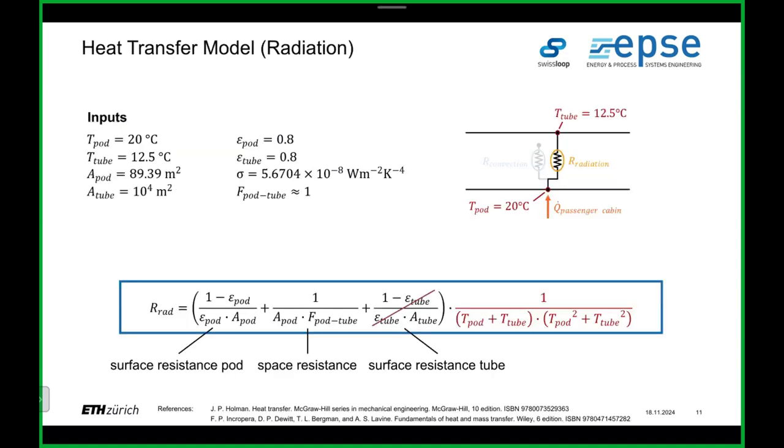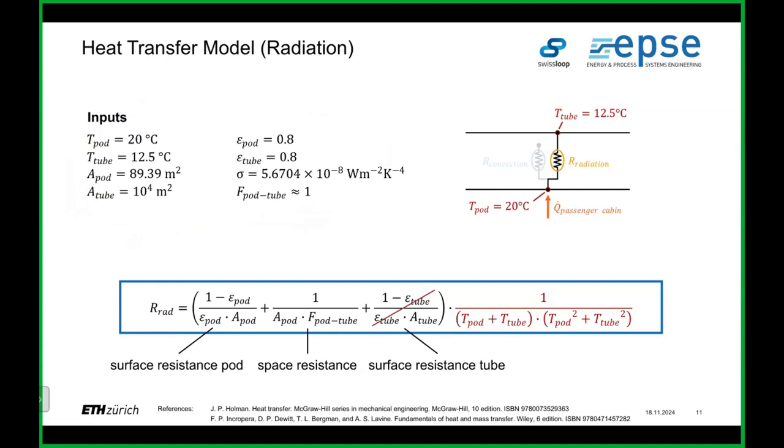Then I begin with the heat transfer through radiation. We are looking here at this part of the thermal network, and here you can see the input values I used to calculate the thermal resistance for radiation, and in the blue box that's then the expression for the thermal resistance.